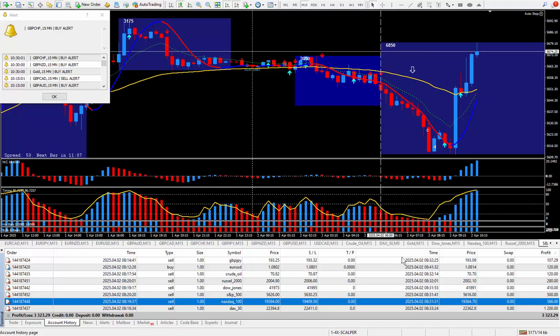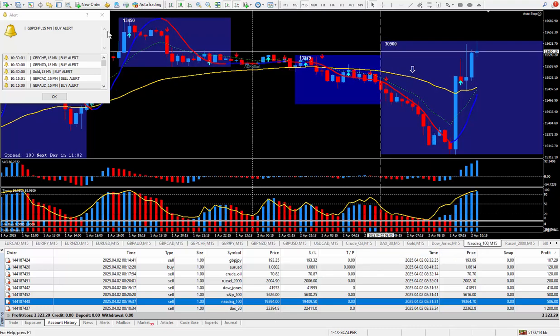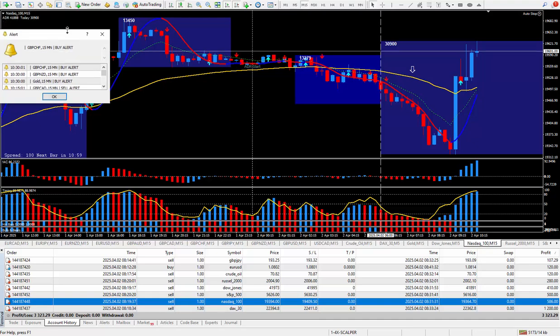which you will get when you buy the system. NASDAQ. On the NASDAQ, and just lower this down a bit. On the NASDAQ, ADR is 418. You remove the last two digits. And today went 309.